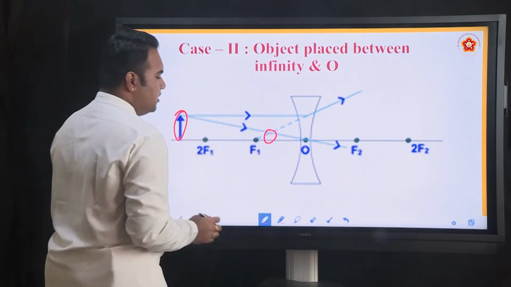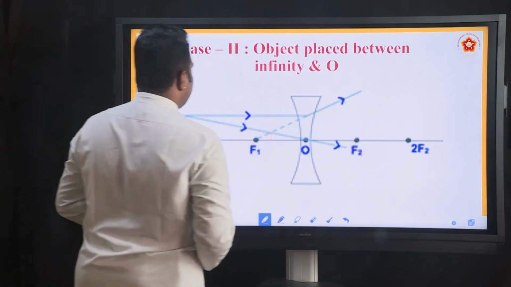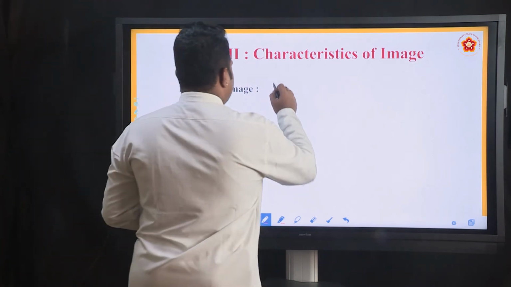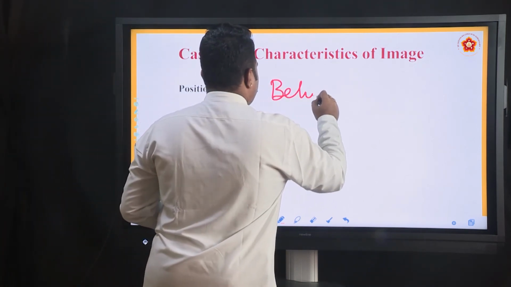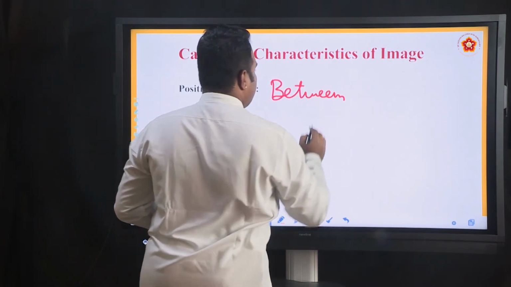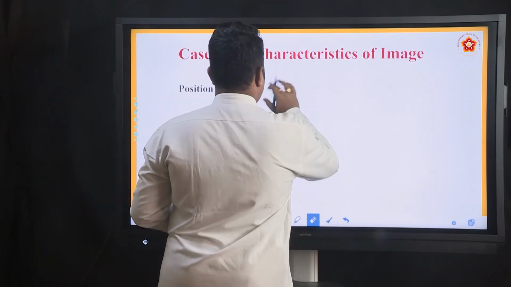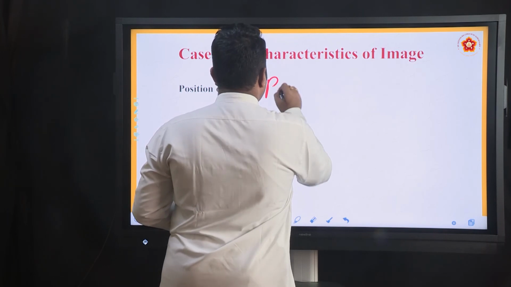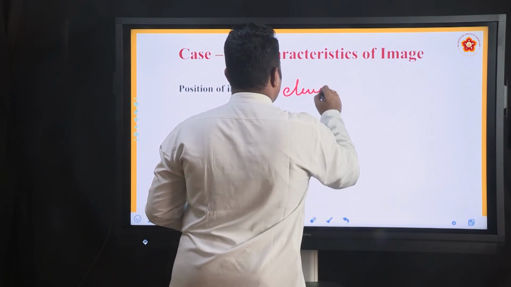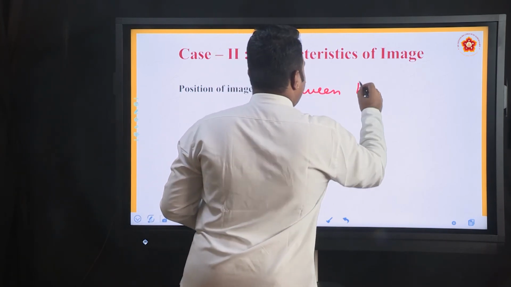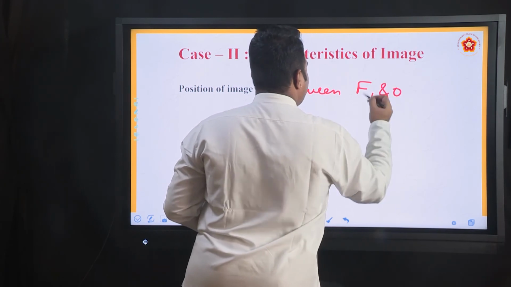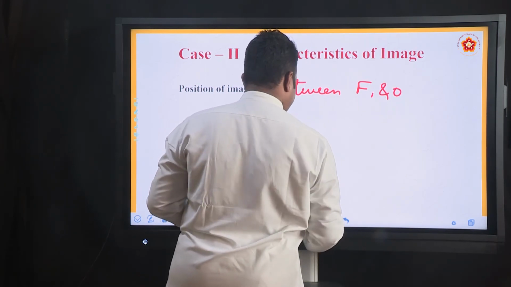It is diminished. So therefore, let's write down: position of the image between F1 and O, or F and O you can write.